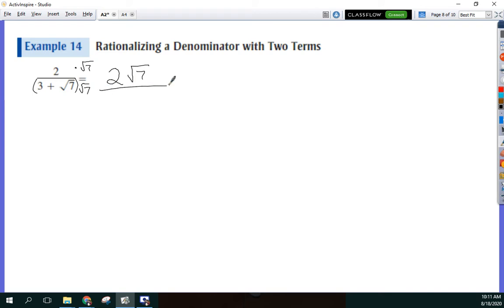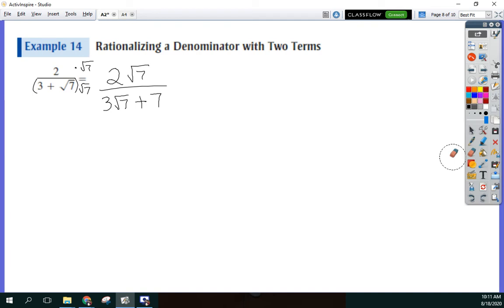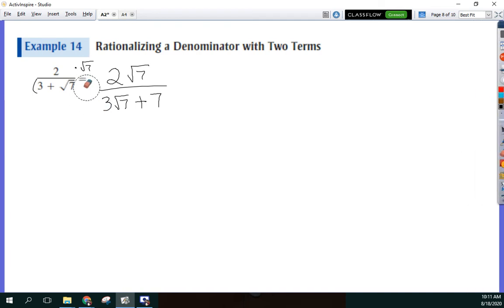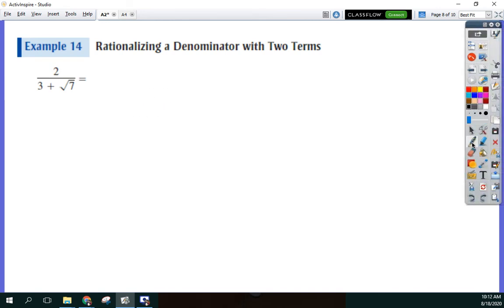But then on bottom, we would have to distribute that square root of 7. So we would get 3 times the square root of 7 plus 7. So my square root of 7 reduced for my second term, but it didn't reduce for my first term. So it didn't help me a whole lot. So instead of doing that, we want to multiply by a different expression. We want to multiply by the conjugate.